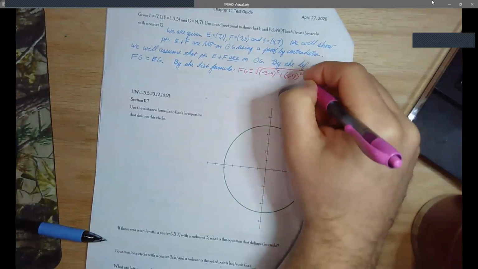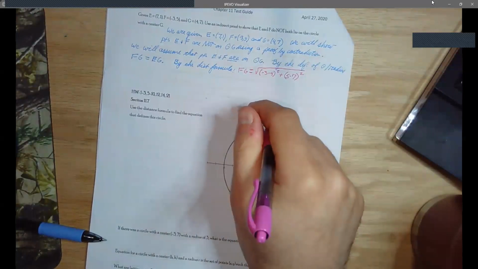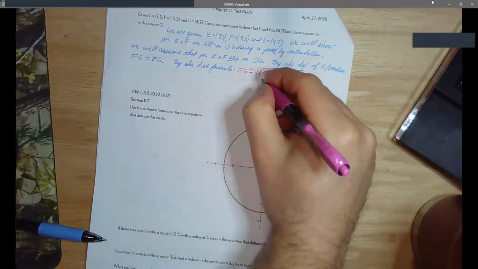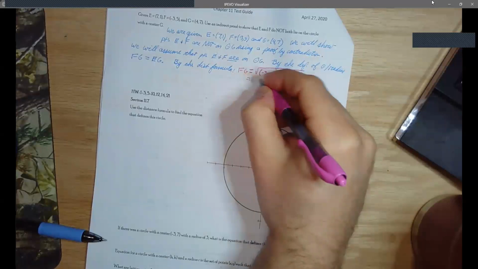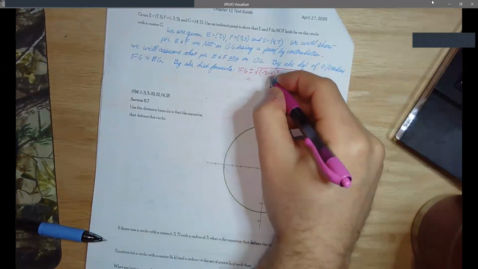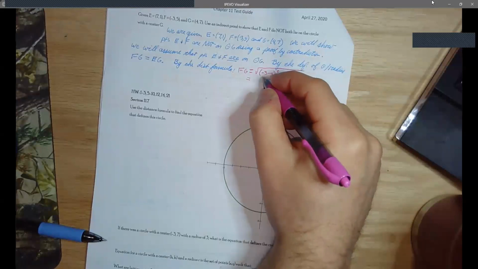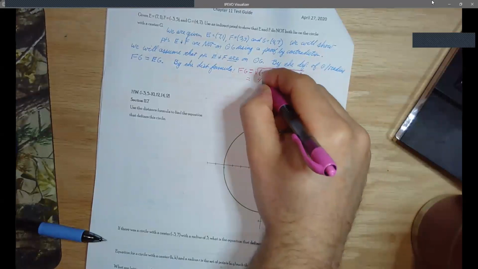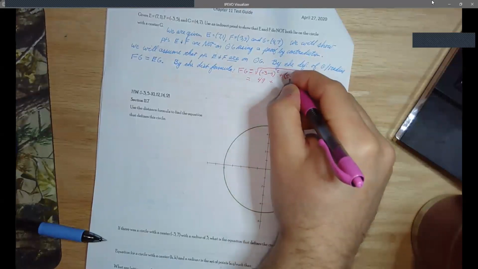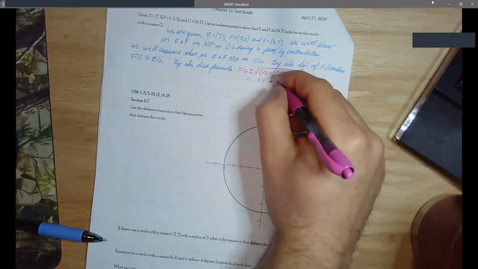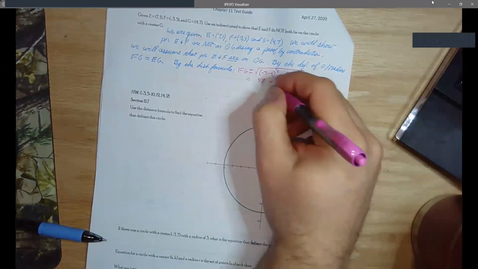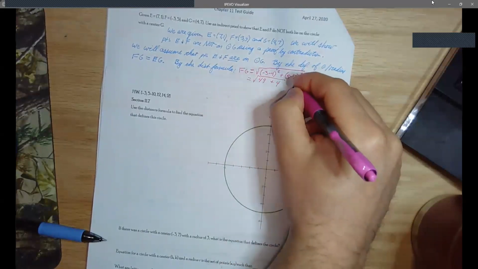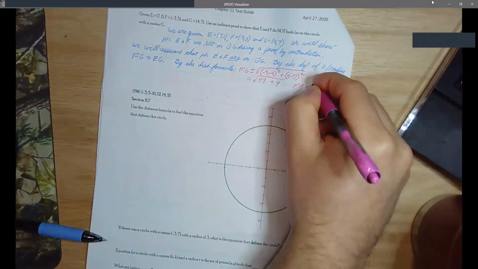If you're a positive person today, you could probably do 7 minus 5. If you're feeling a bit negative because it's a Monday, maybe do 5 minus 7. Sorry, -3 minus 4 is -7. -7 squared is 49. 5 minus 7 is -2. -2 squared is 4. And that's under the square root. So FG equals the square root of 53.